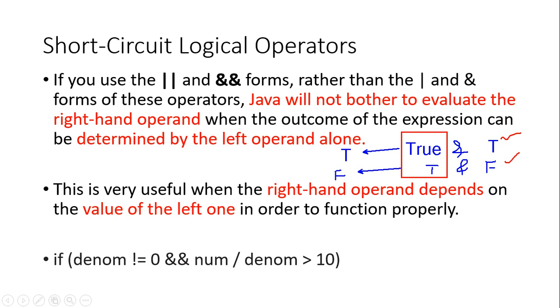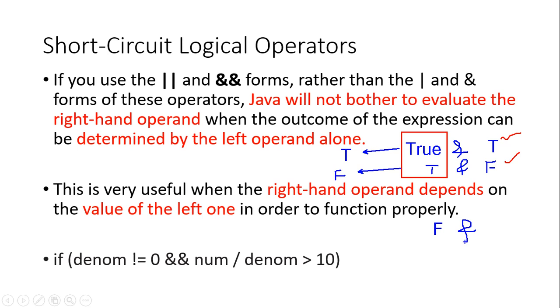So if the first expression happens to be true, then you will have to evaluate the second expression, because then the result depends on the value of the second expression.